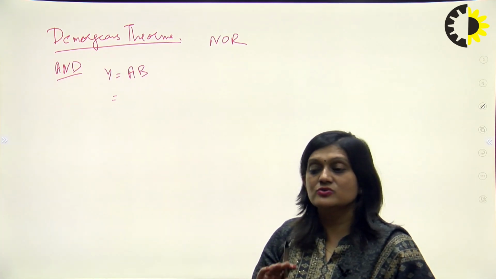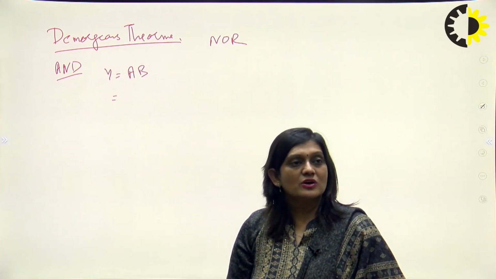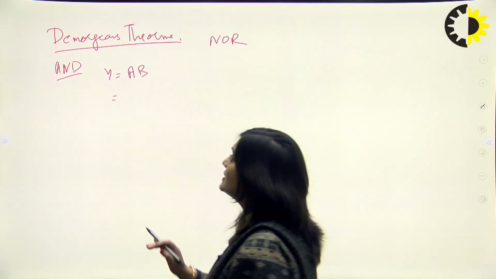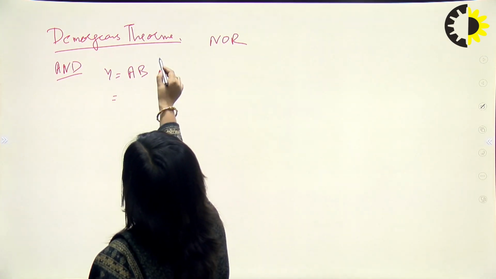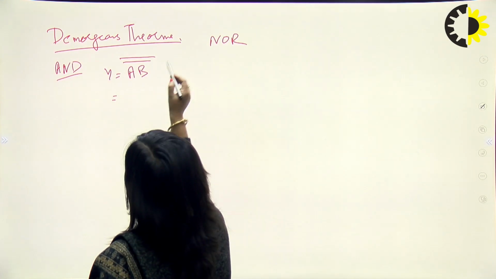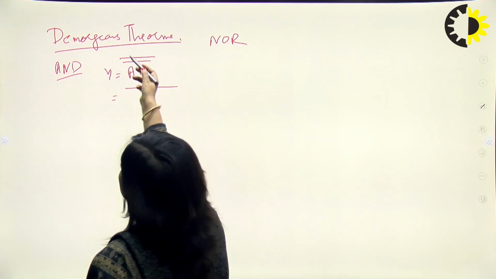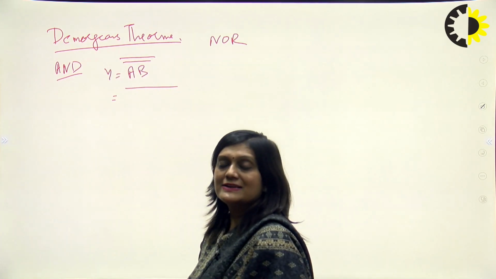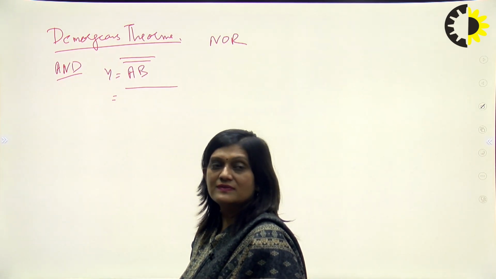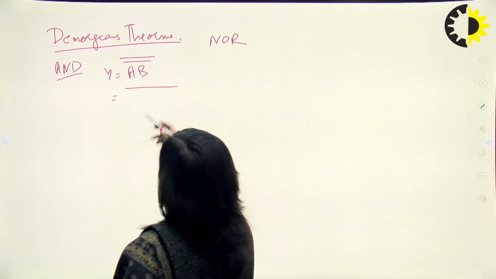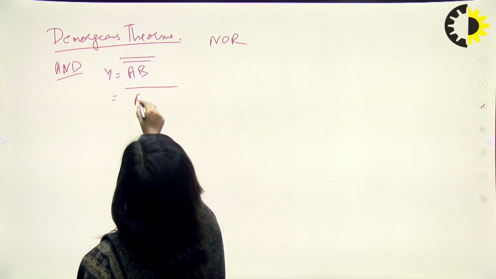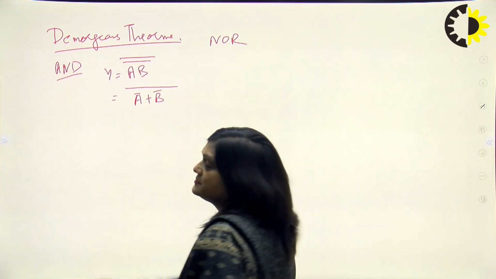So we will use two things, that is a double inversion or the De Morgan's theorem. Here there is no bar, so we will use the double inversion. If there is already a bar over the variable, like if it was AB bar, then we will apply the De Morgan's theorem. But it is so, like it will be like A bar, B bar.